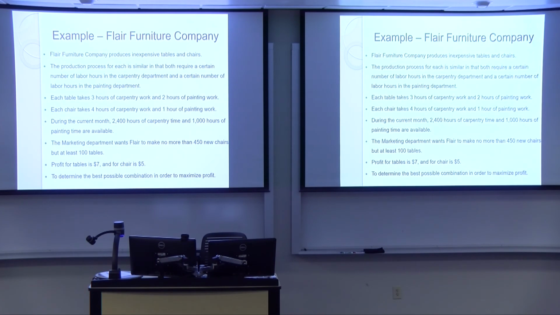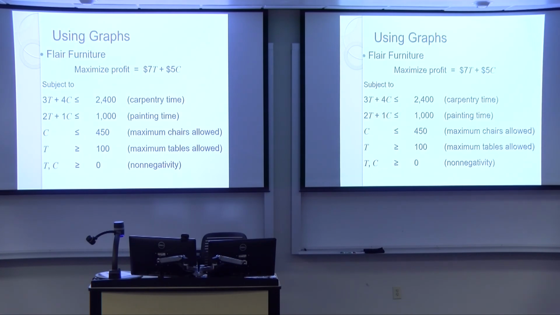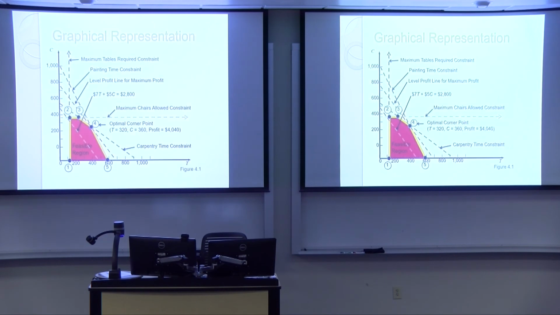In this model, we also have the maximum chairs allowed constraint and maximum tables allowed constraint, also limitations. We used the graphical method. We can draw all these constraint lines and get the optimal corner solution. So this is an example we used in the linear programming session.